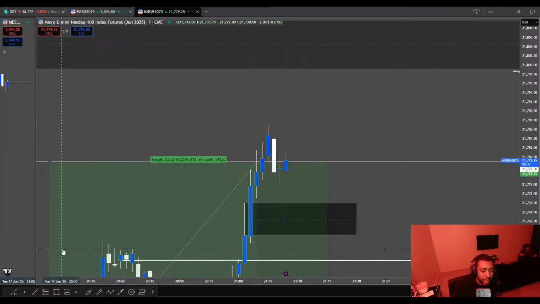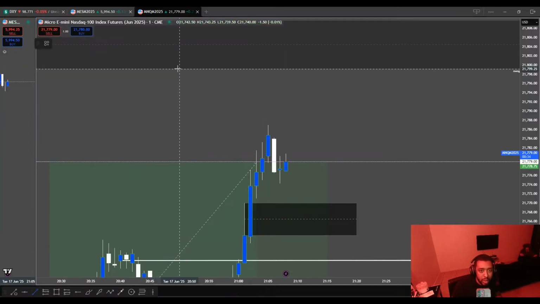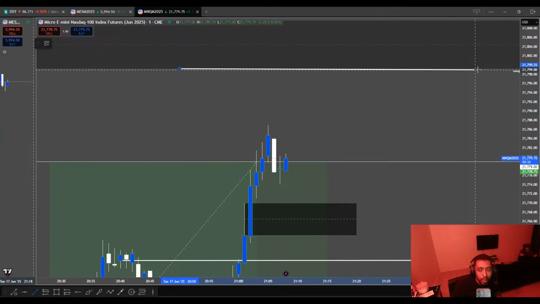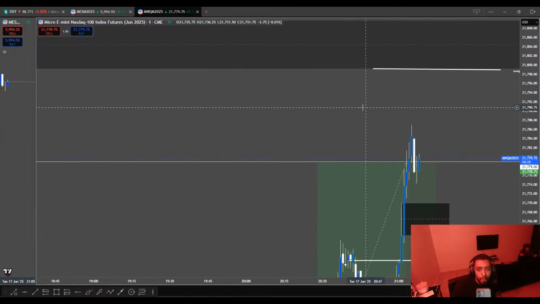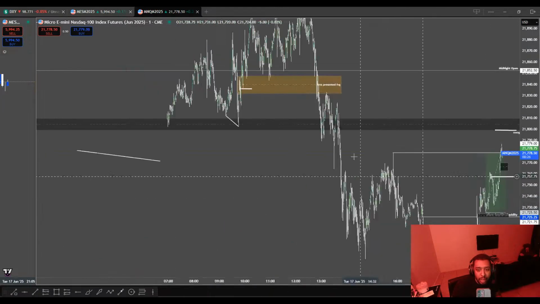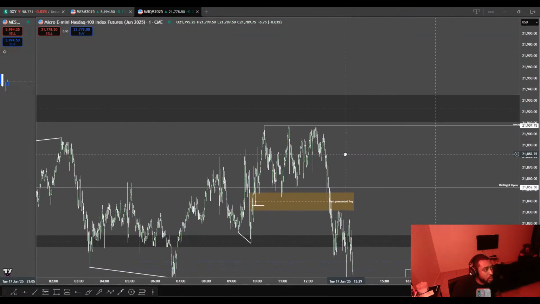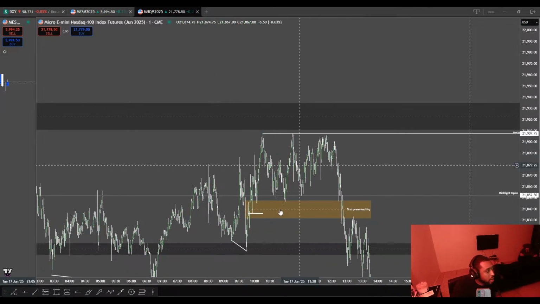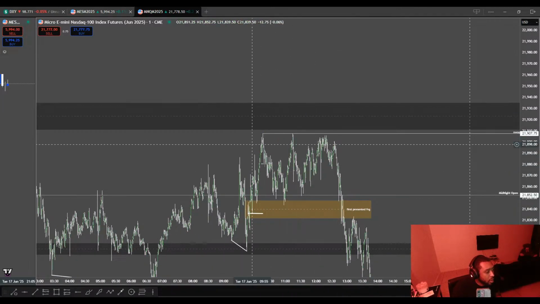So this is where I'm expecting the target. I'm expecting the target to be this new day opening gap. Sorry, new week opening gap. Because remember, we got these clean buy side. Look how clean this is. So I'm not sure if we're gonna run this tonight or tomorrow.